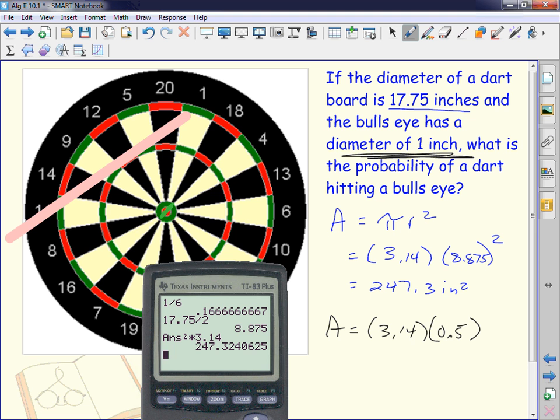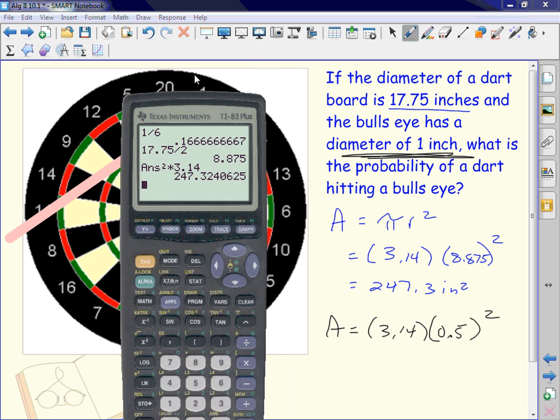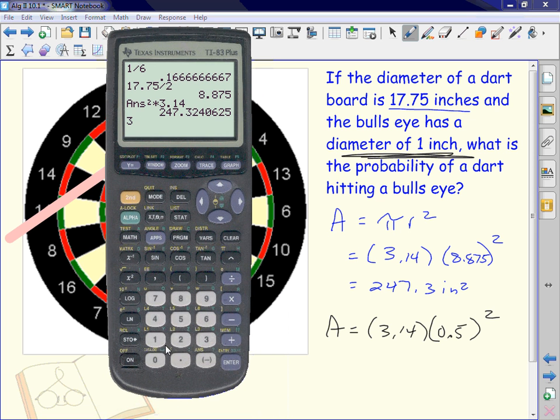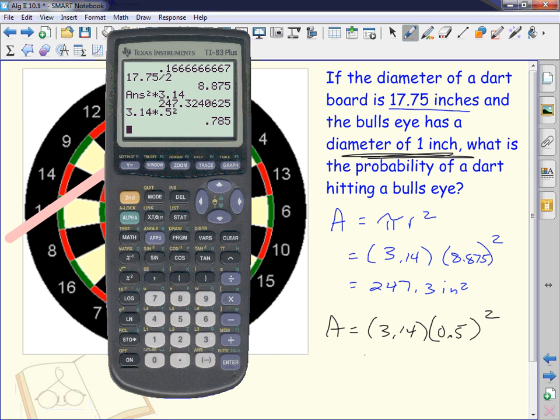It's half of my inch squared. So 3.14 times 0.5 squared. And I get 0.8 inches squared. So it's not even in an inch squared.